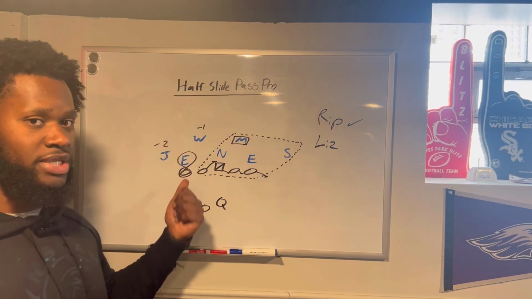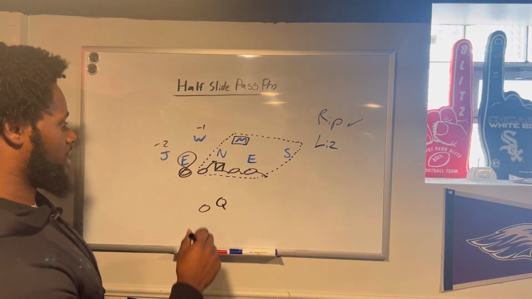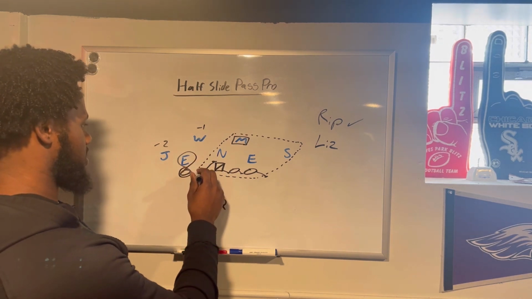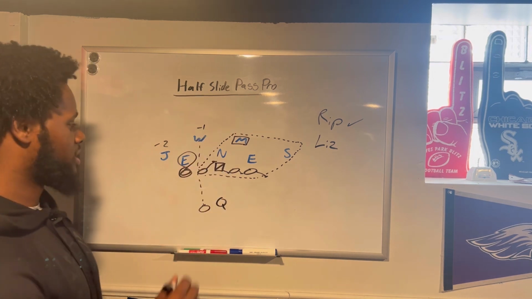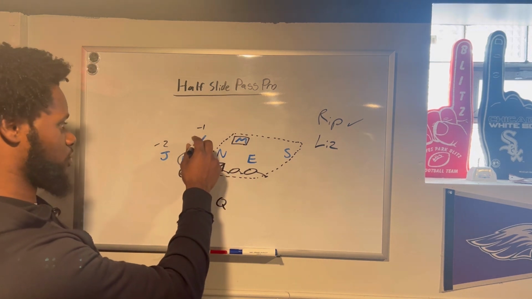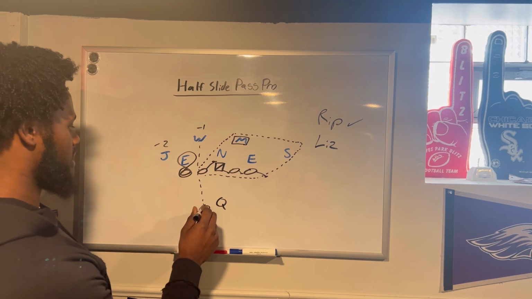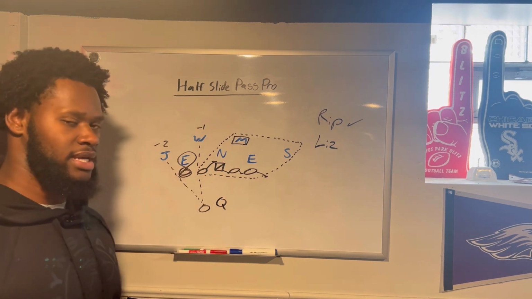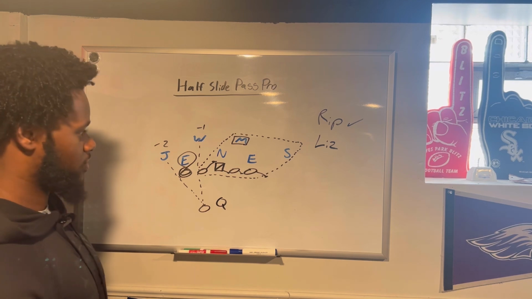Maybe he's playing in space, or he's more of the coverage guy. If this -1 is more of a threat, you have a running back in to protect. But now if, say, this linebacker isn't as much of a threat, and you want to send your back to this outside linebacker right away, you can do that as well.